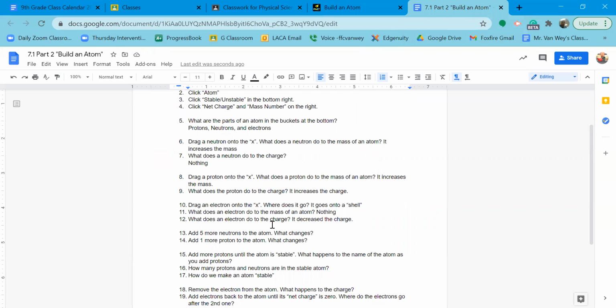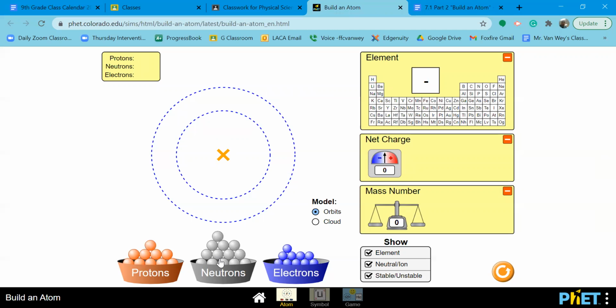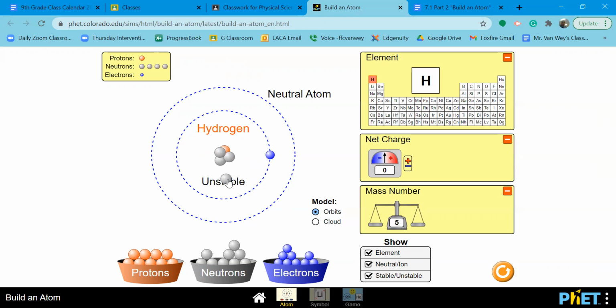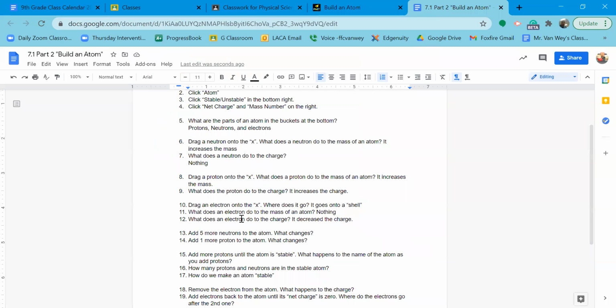Now, question 13 says, add 5 more neutrons to the atom and what changes? So we need to actually fix this. Okay. It says 5 more neutrons. 1, 2, 3, 4, 5. And look, you see the mass went up here. Okay. What changes?